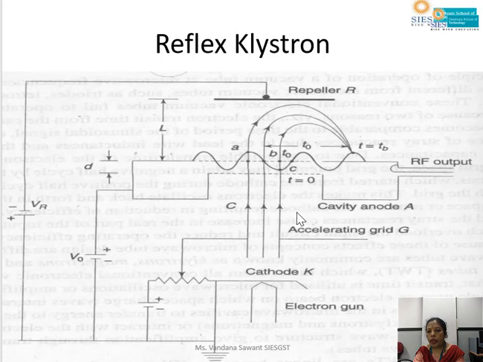The electrons are continuously coming from this cathode, and these electrons will come in contact with this AC signal present inside the cavity gap. When they come in contact with the AC signal, they will get affected by it.